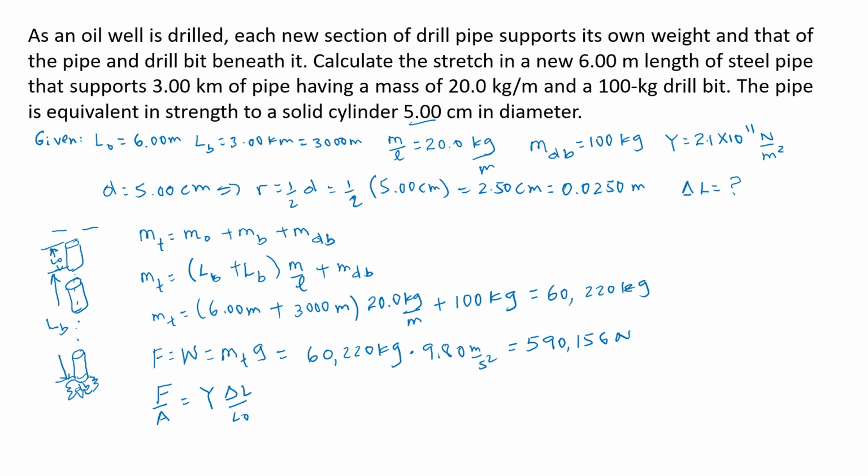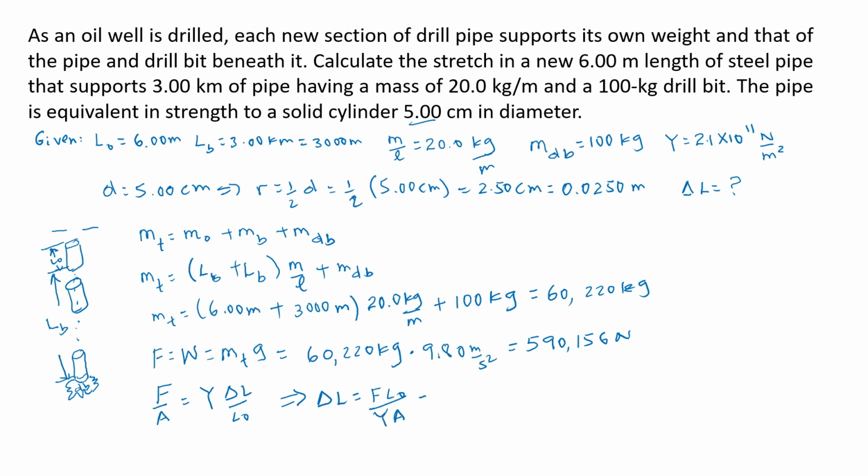So we are required to find the stretch, which is delta L, so we can rearrange the equation such that delta L will be on one side, everything else on the other side. F L naught, multiplying both sides by L naught, and dividing both sides by Y. That yields F L naught over Y A.